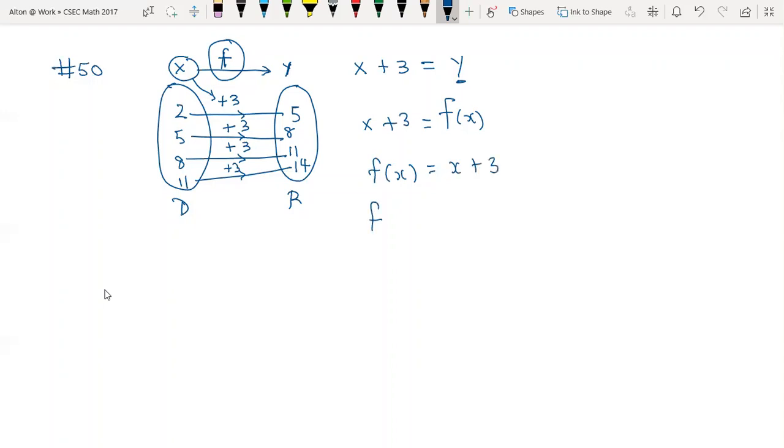Sometimes, just for information's sake, your function can be written like this. But this is not the case in this question. Okay, so we need to look for this one among the choices of answers, and what do we get? Answer D.